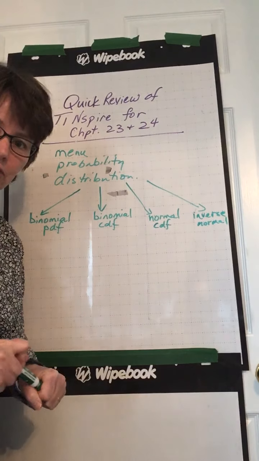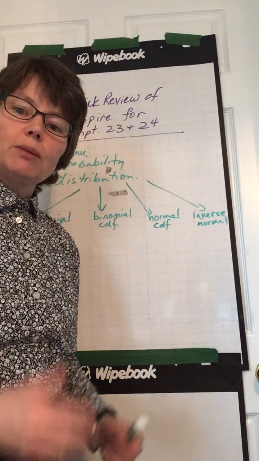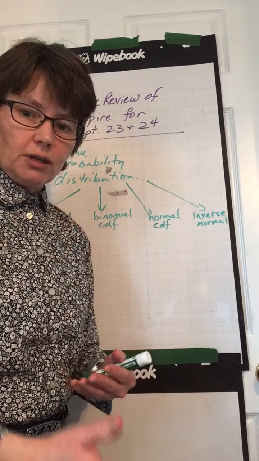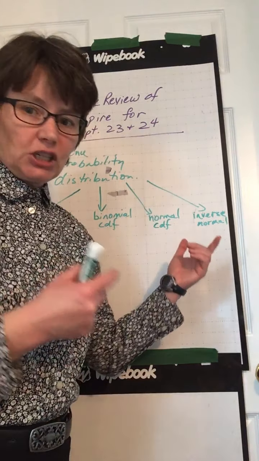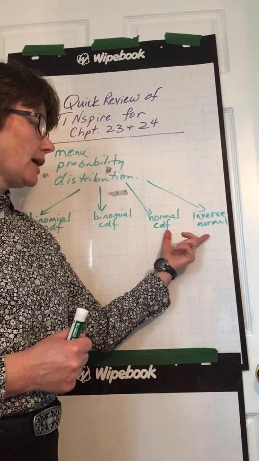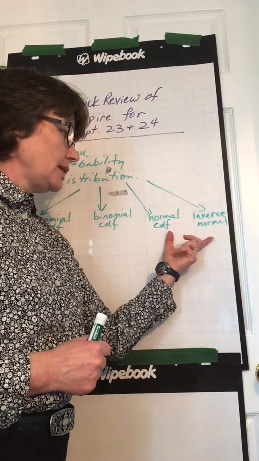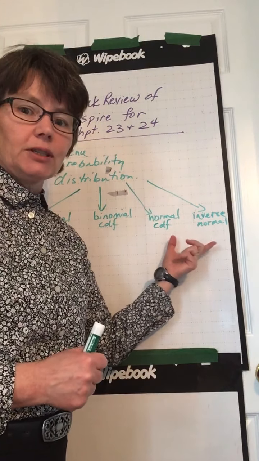We learned about the first 2 in chapter 23, and the last 2 in chapter 24. But if you continued on in sections C and D, sometimes we need to revert back to a binomial situation once we have figured out our probabilities from the normal distribution.